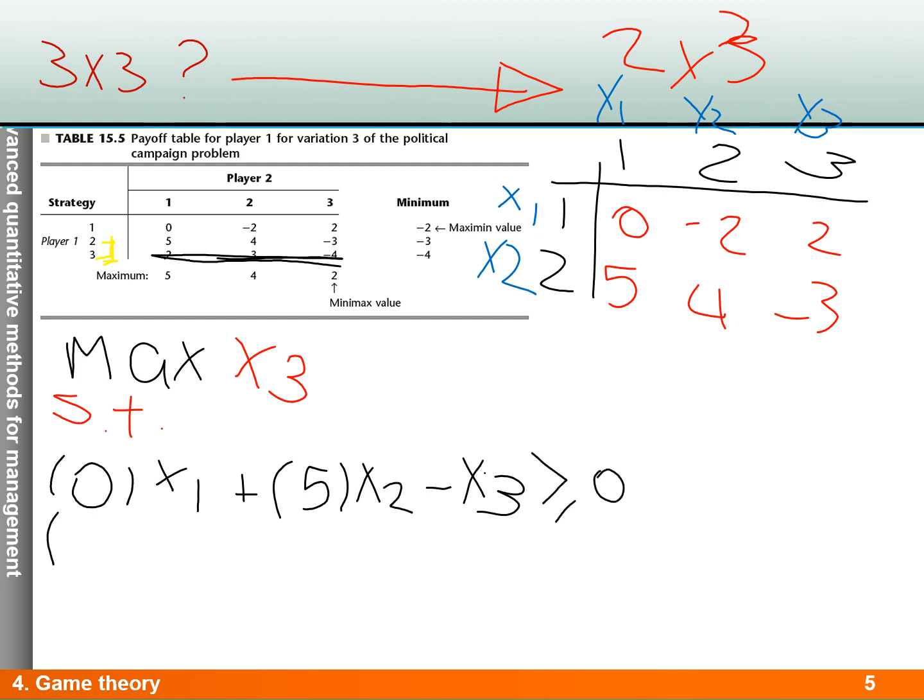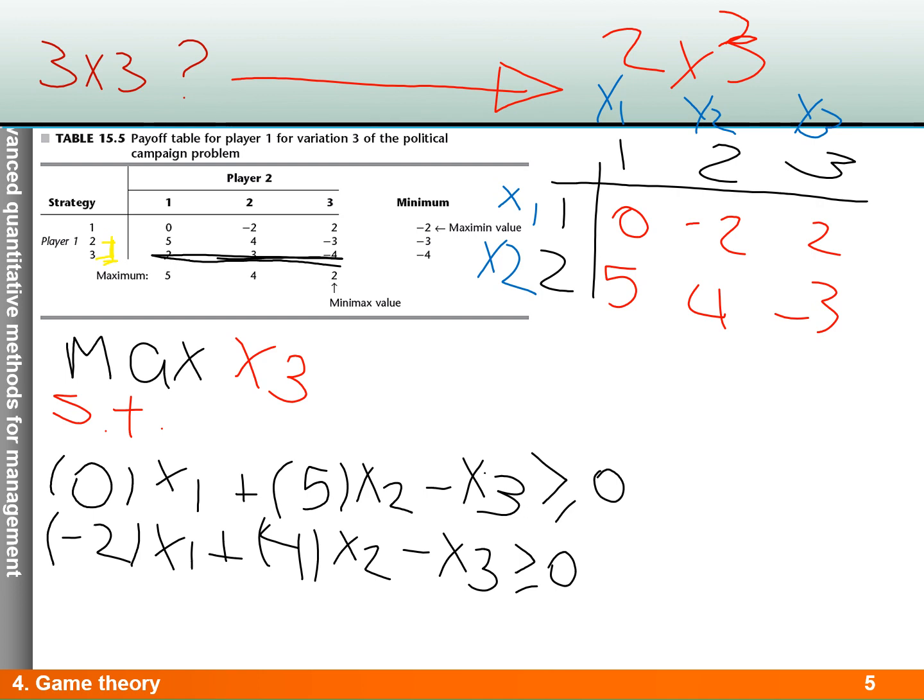The second constraint is minus 2 multiplied by x1 plus 4 multiplied by x2 minus x3, again the value of the game.